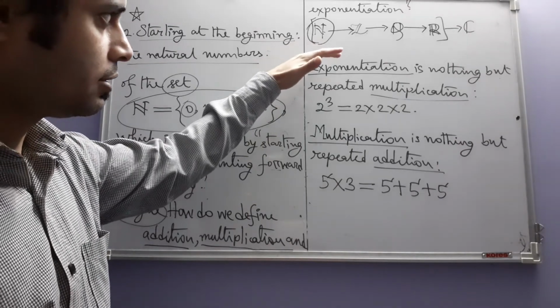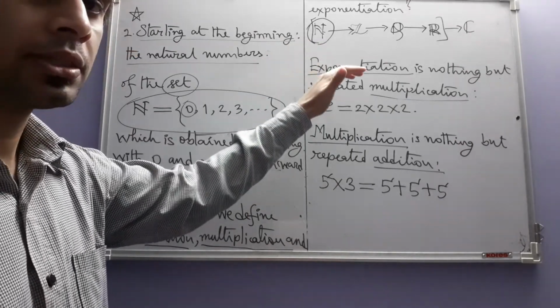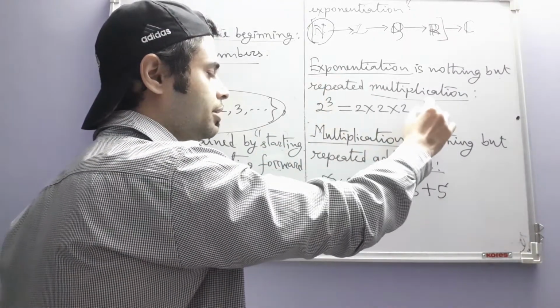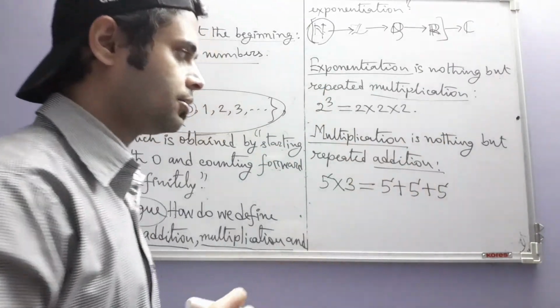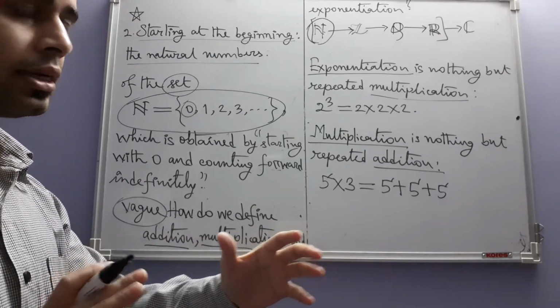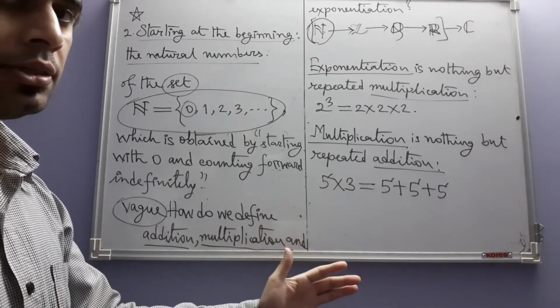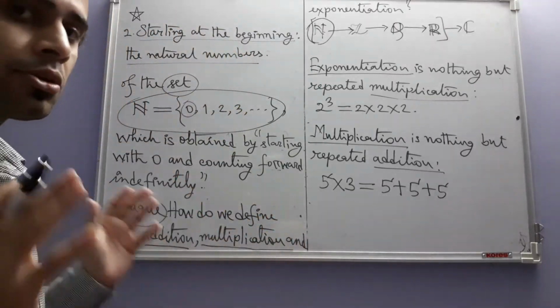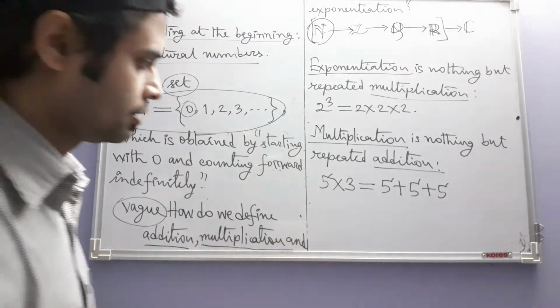So you see that the complexity is already being reduced. Exponentiation needs multiplication, multiplication needs addition. So now I can get my job done with addition. But addition is in fact also not the most basic operation.